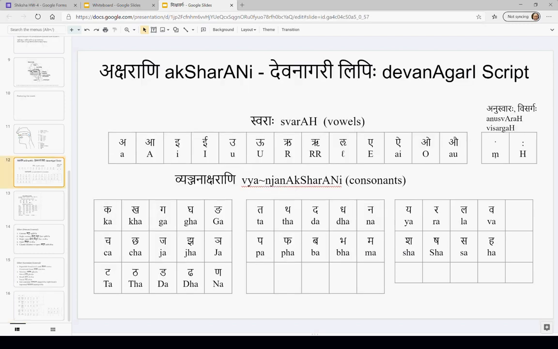So the other question was here, combination of swaras, different vowels. Now the base vowels we have are a, i, u, these three. The a is the most relaxed one, the most natural one.